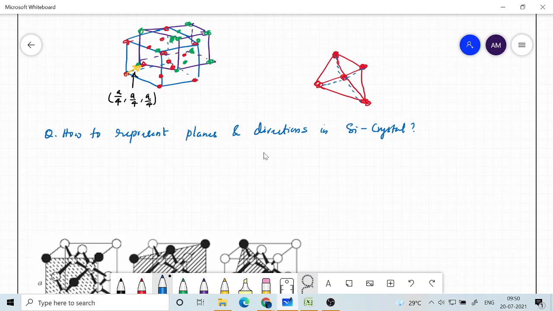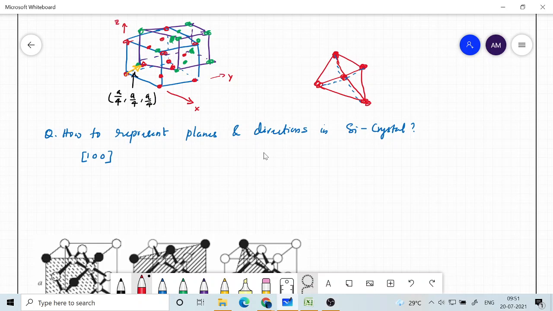For example, we use a square bracket in order to represent direction. So for example 1 0 0. So this means this direction, for example, it is in the x direction. Okay, so first index stands for the x component of the vector. So if I draw a vector like this, suppose this is our x direction, and then this is our y direction, and then this is our z direction.